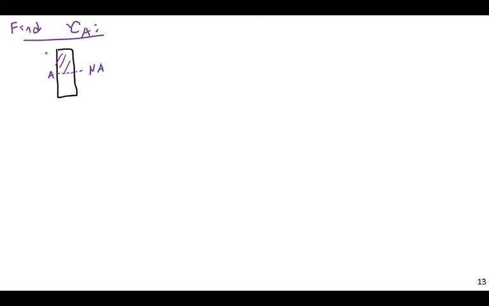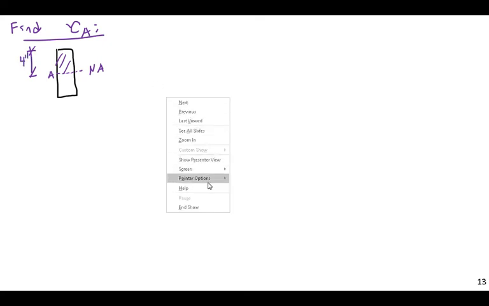And of course this is 4 inches, the outward area is based on a 4-inch tall area, 4 inches, and 3 inches wide, etc. And the centroid will be 2 inches high.